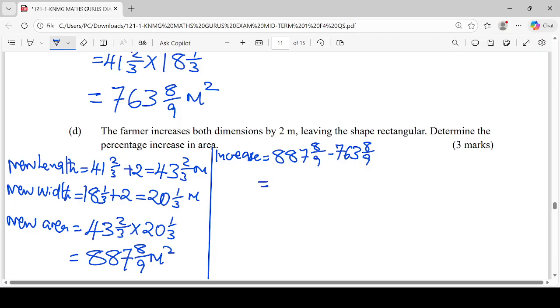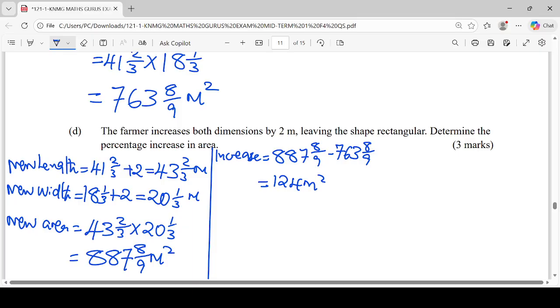So when you compute that, let me work on it. This gives you 124. There is an area increase of 124 square meters.